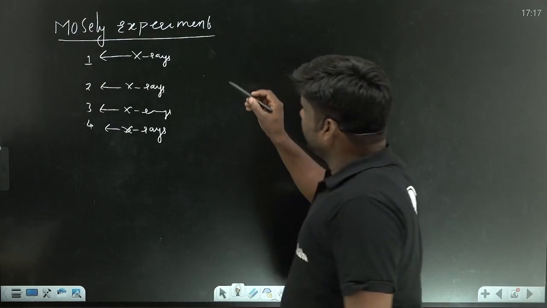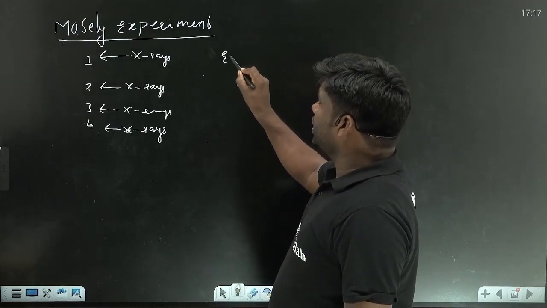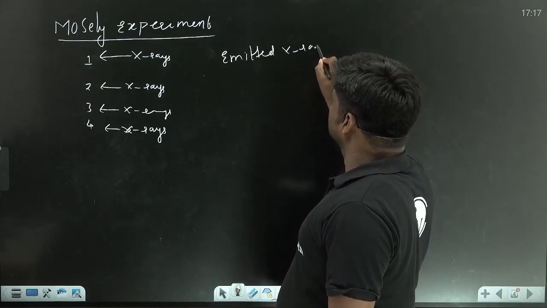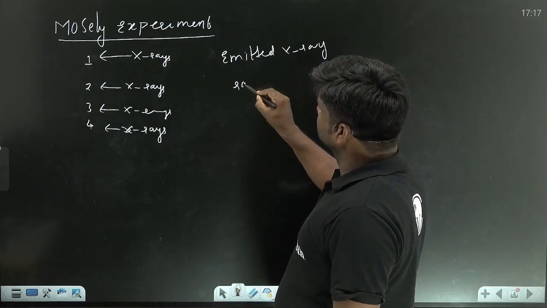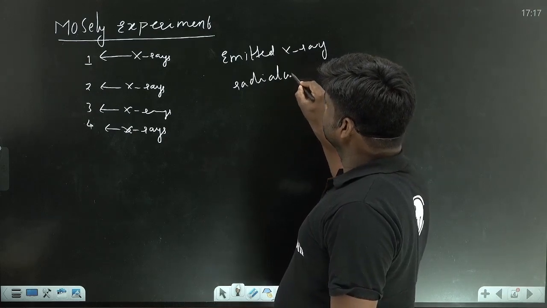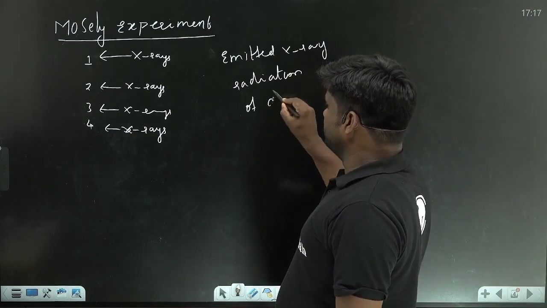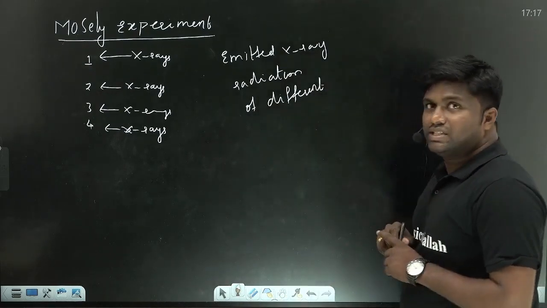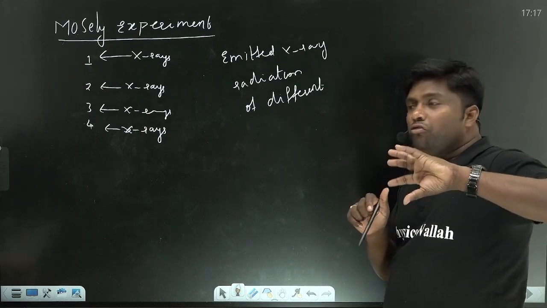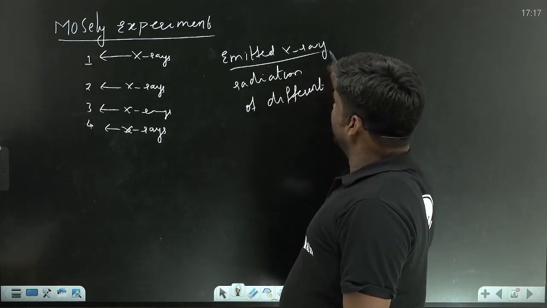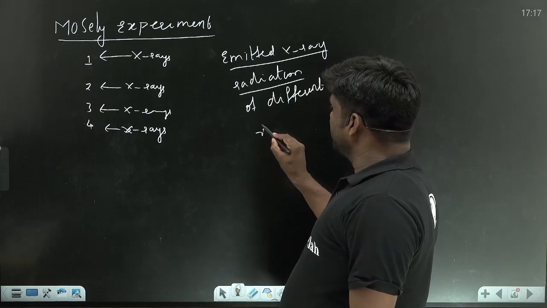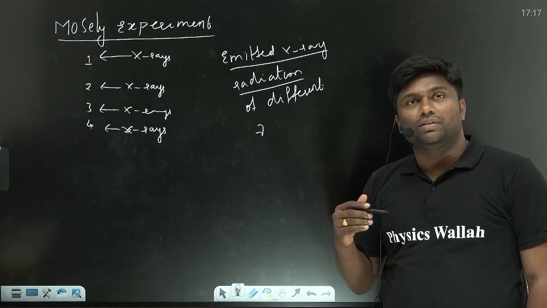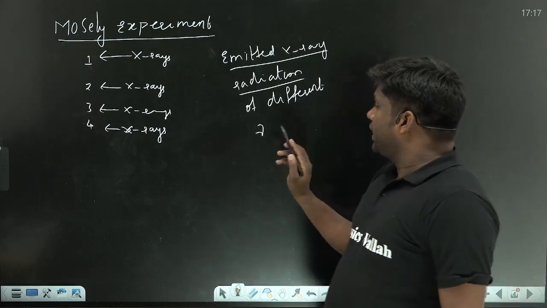So he observed the emitted X-ray radiation of different atoms, and he established a relation between the frequency of emitted radiation and atomic number.